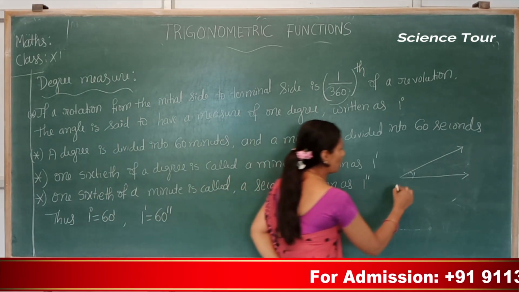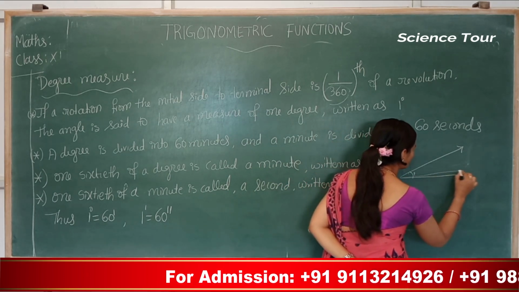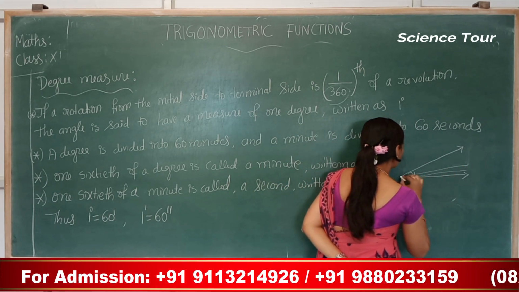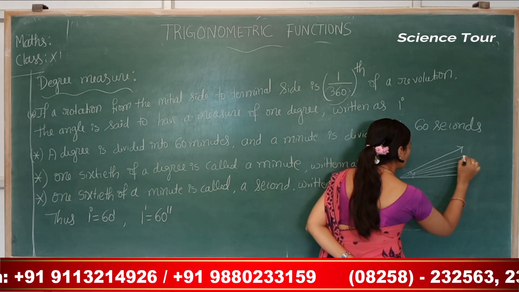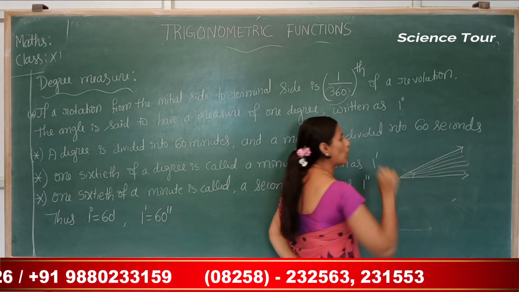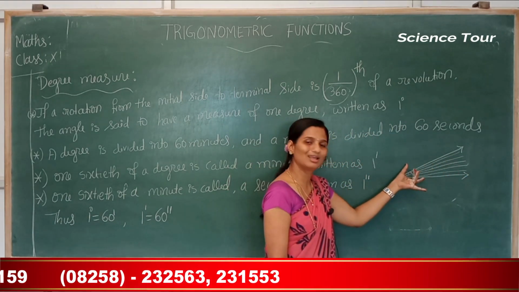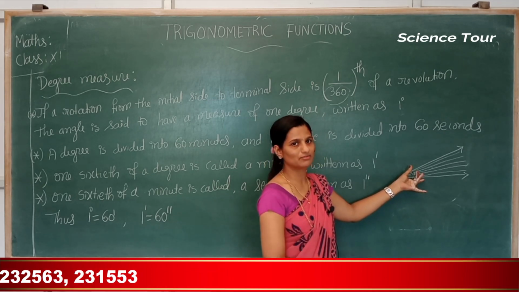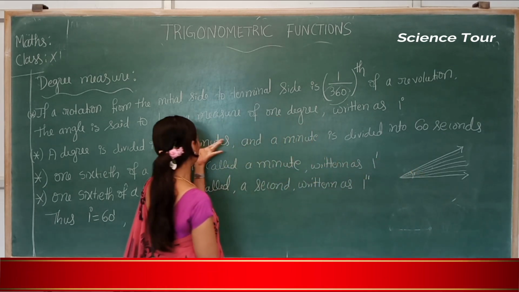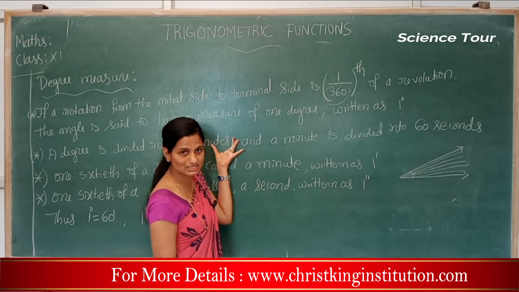So how many divisions are made here? 1, 2, 3, 4, 5, 6. Total how many divisions in 1 degree? Total 60 divisions. So that 1 degree is called 60 minutes.